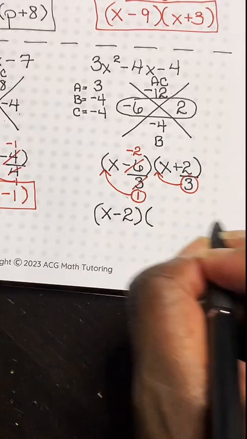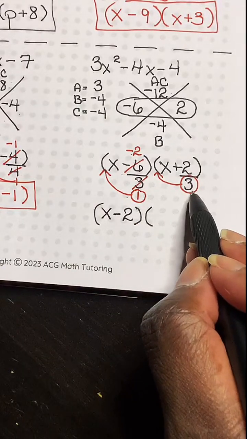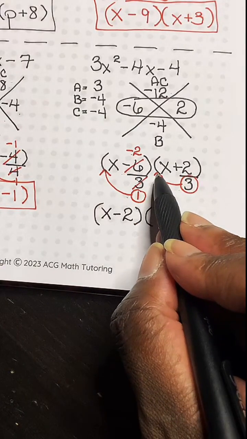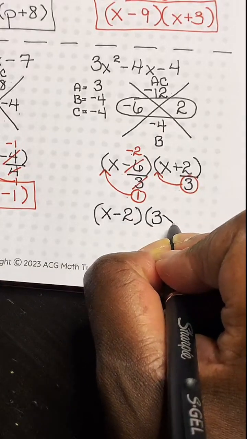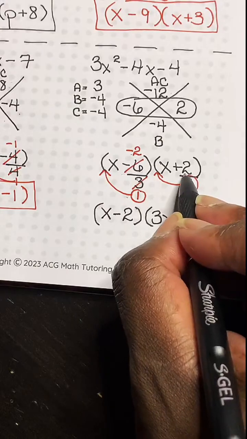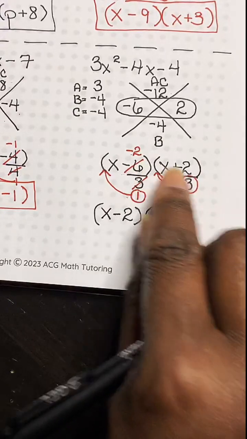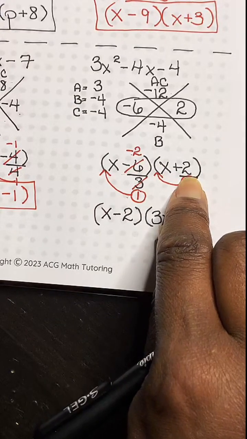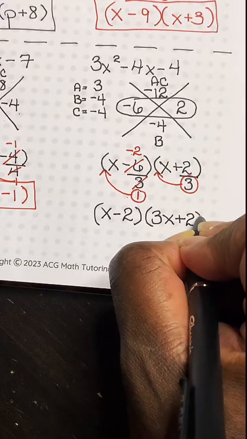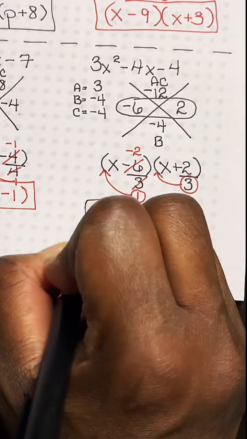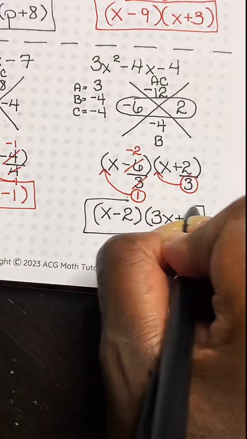Then the second parenthesis, we take the denominator and slide it in front of the x. So we got 3x. Okay, and what's left once this 3 is over here, what's left is that plus 2. Now it's factored.